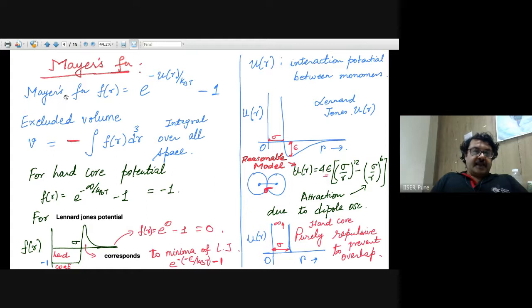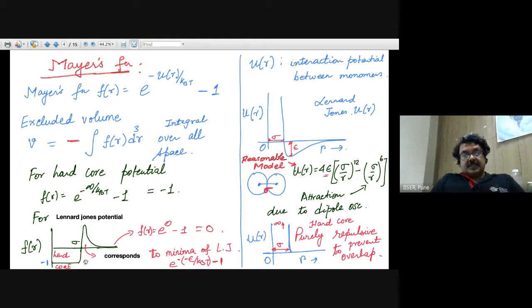And then the Mayer function f of r can be written as e to the power minus infinity minus 1, and the Mayer function is minus 1 for the hardcore potential, right? So if you wanted to plot f of r versus r, then up till sigma, if you assume the potential to be infinity, the Mayer function would be minus 1.